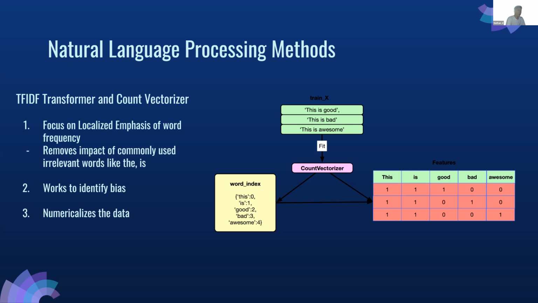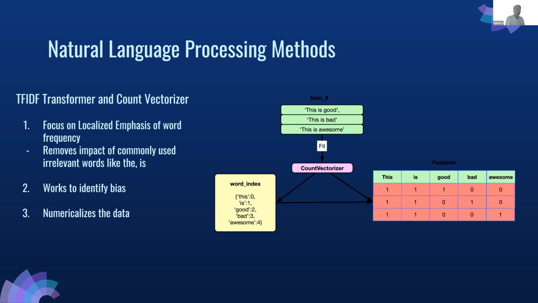TF-IDF transformer, which is basically a mathematical model that tries to evaluate every single word in terms of its impact on the article. It also takes into account that there are certain words like "this" or "is" that happen a lot and we really don't care about them. They're linguistically called stop words, and we want to try to ignore those, right? Because obviously we're evaluating a false or biased sentence.